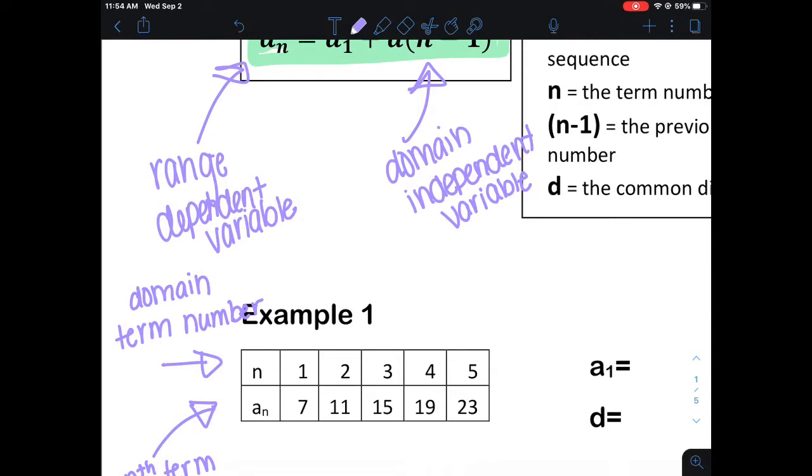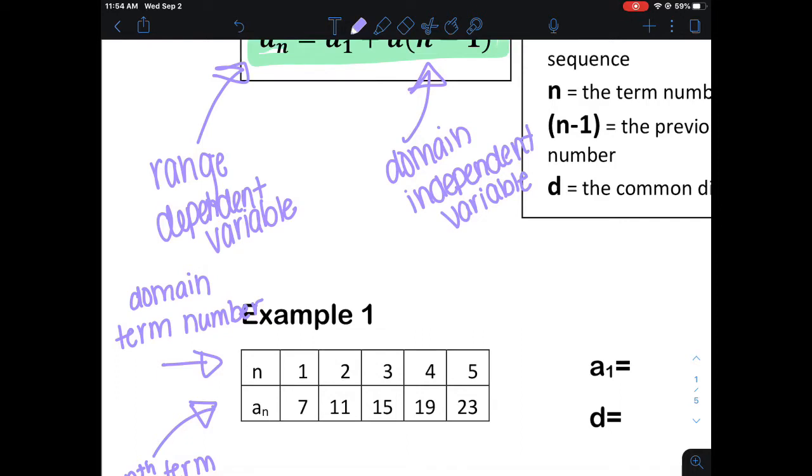So if we were maybe thinking of these as just simple days, domain would be the day 1 through day 5. That's our domain. We plug that in, and what do we get out? Maybe we're talking about money. So the first day you made $7. That's your range. Range would be money.